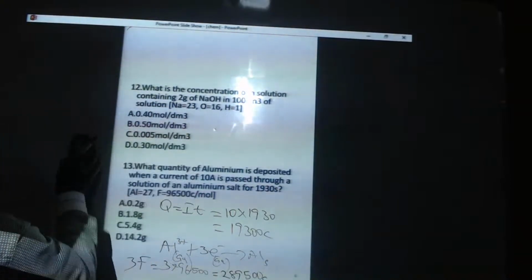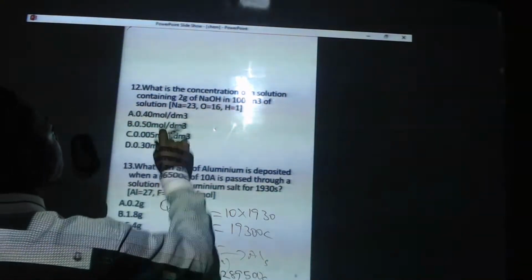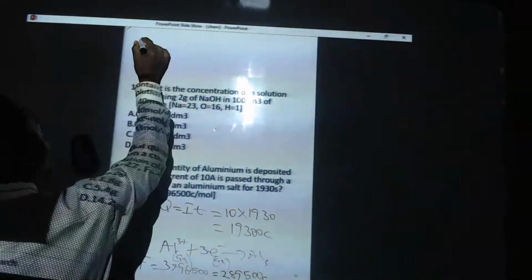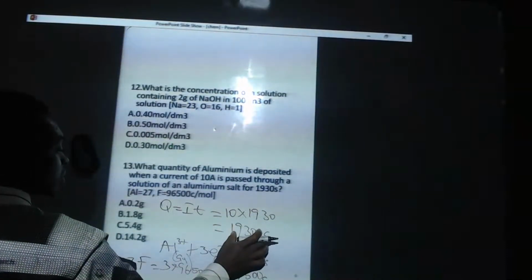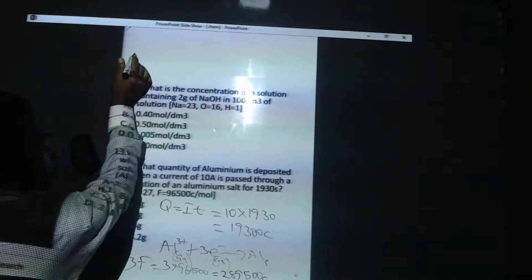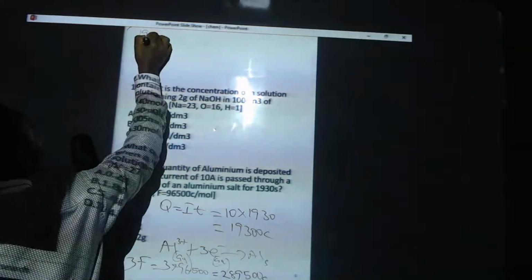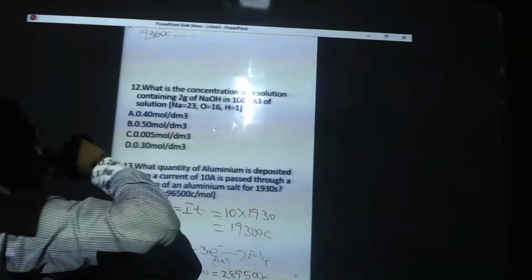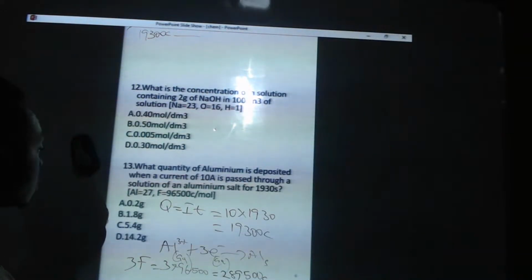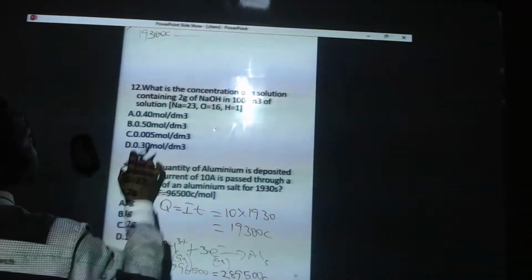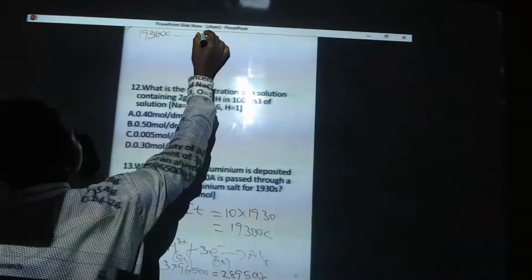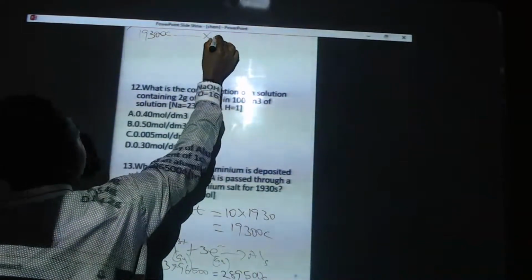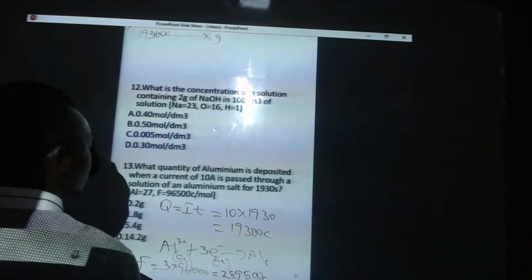So now we have to make this. We say first one, because it's 19,300, right? So 19,300 coulombs is to x gram, right?